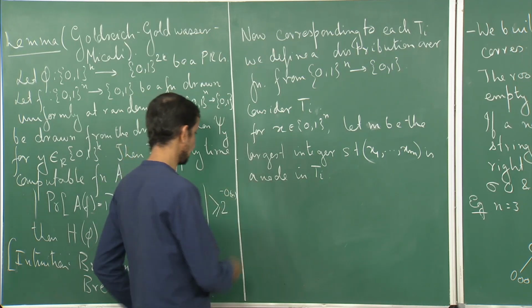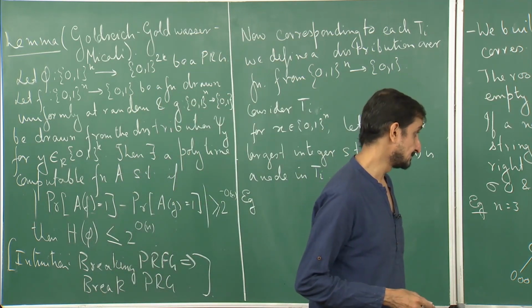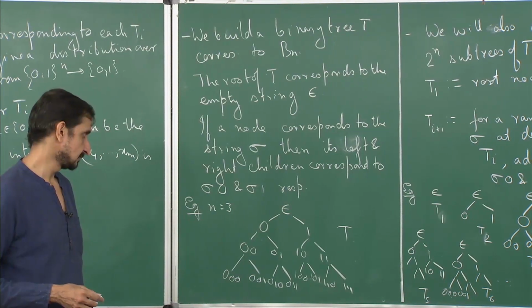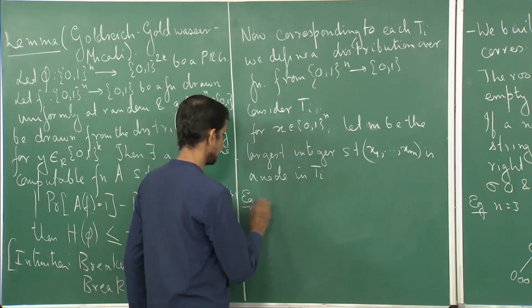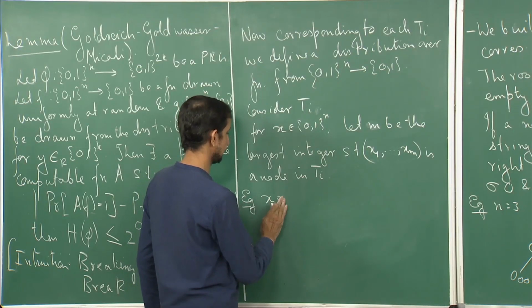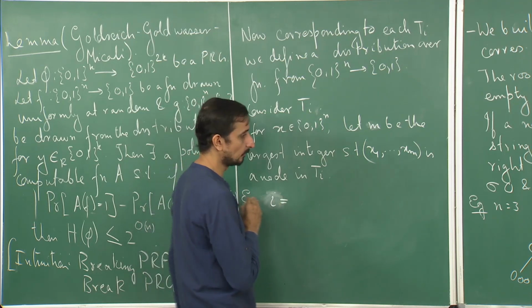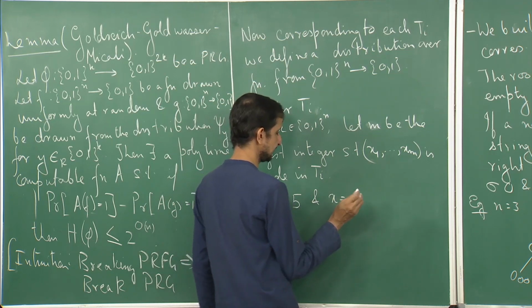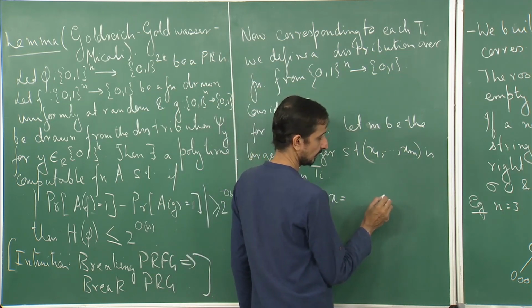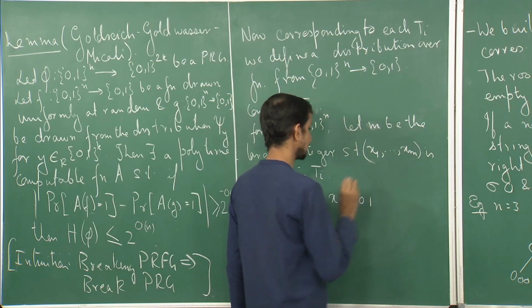So for example, okay, let's take an example here. Suppose my Ti, suppose i equal to 5. Okay, and x is the string 101.